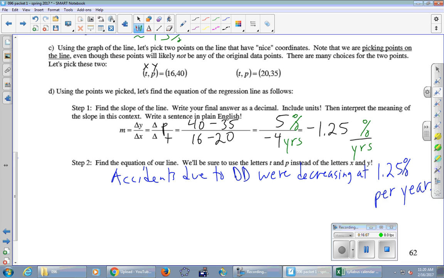Those are good words. I mean, what I've written here is not true. It wasn't exactly 1.25%, right? We did a lot of approximating here. So it's good to use those words, but not necessary. Okay, so there's our sentence.